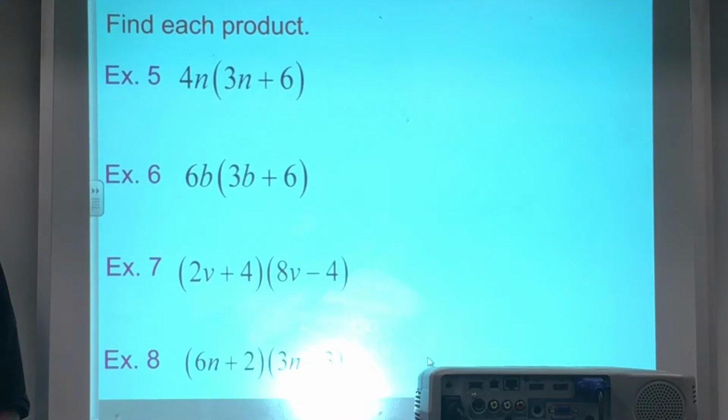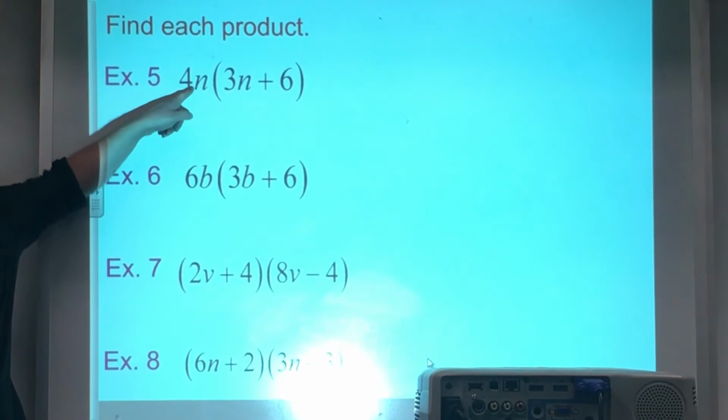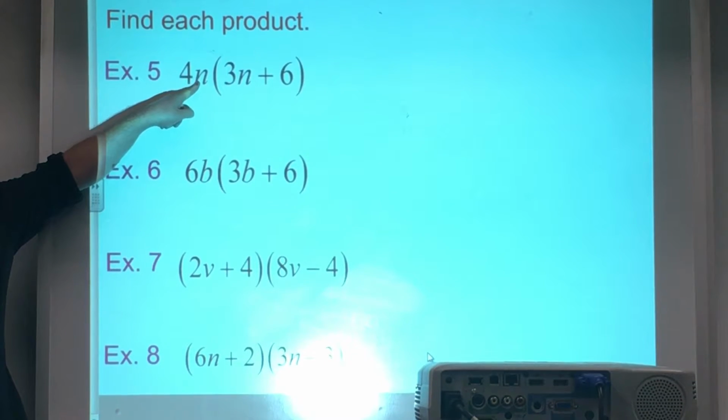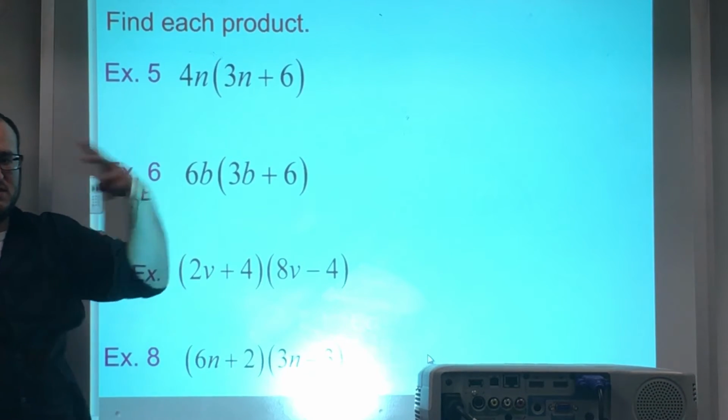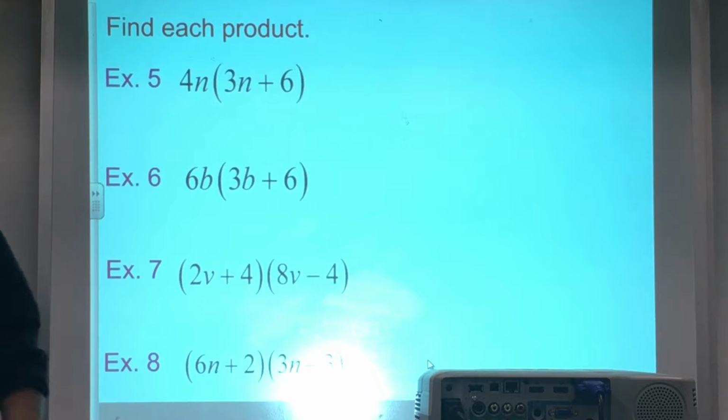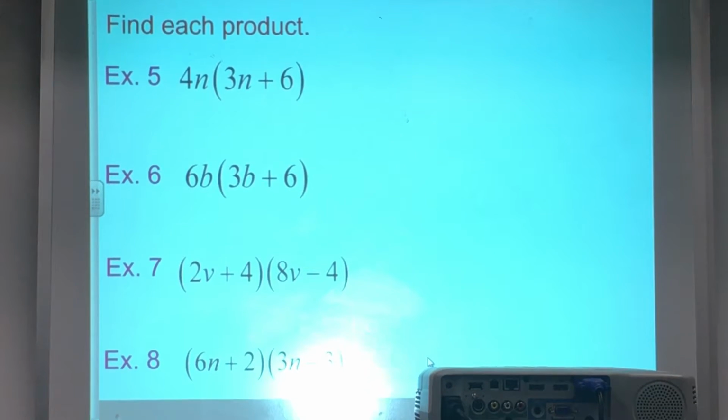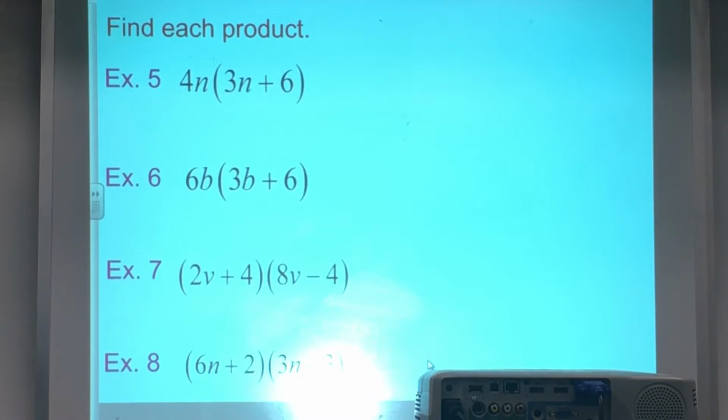Alright, so now we're going to go ahead and multiply a monomial. Remember, we talked about this in 5.2. Mono meaning 1, by a binomial, 2 terms. These are all polynomial functions. So let's go ahead and multiply using the distributive property. Okay, so we go to number 5.